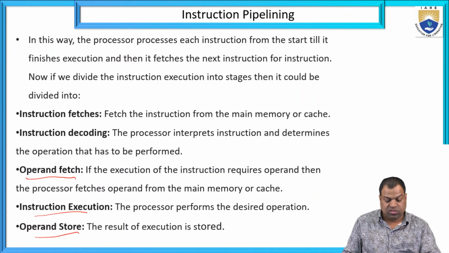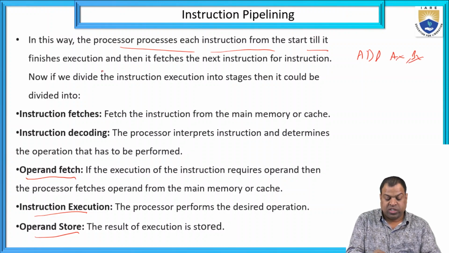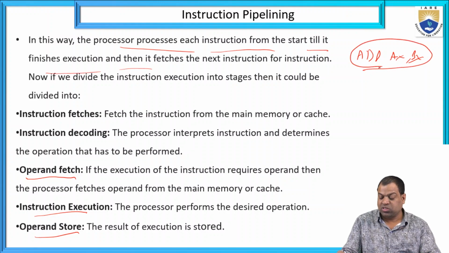These are the stages for an instruction. First, the processor processes the first instruction, add ax comma bx, starting and finishing the execution. The first instruction is available now, so we first go for fetch, decode, execute.